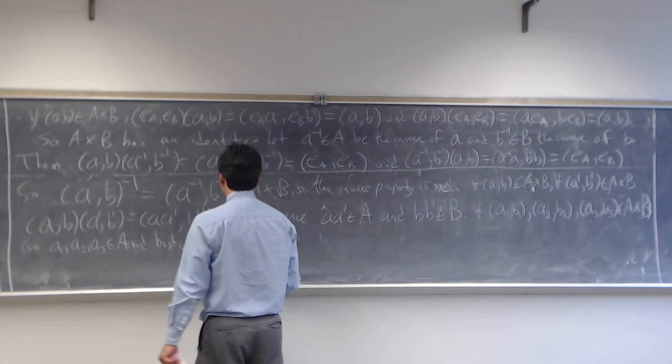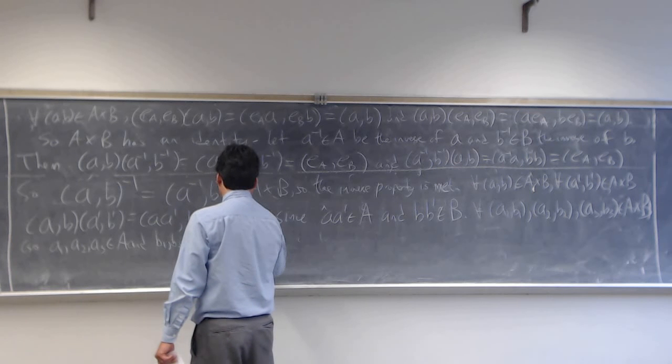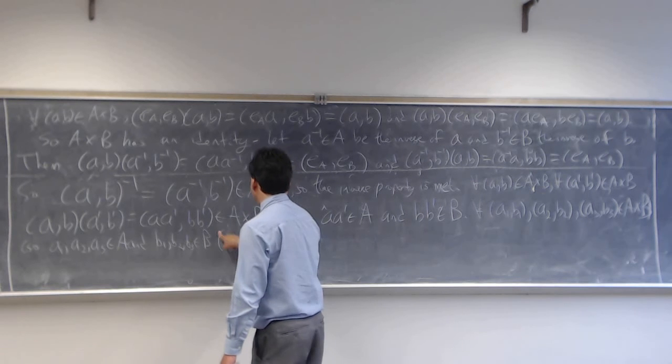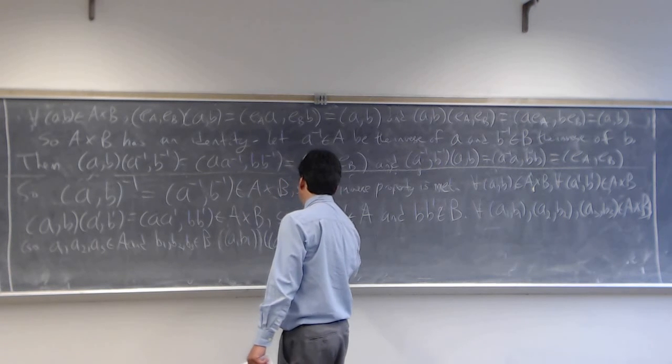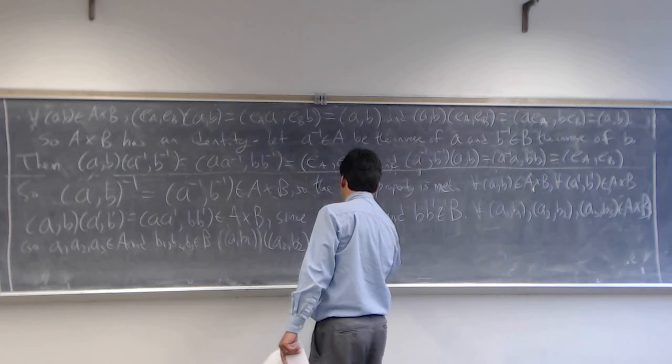Then let's look at the product. Let's look at (a1, b1), and let's multiply that, put the parentheses here, (a2, b2) times (a3, b3).